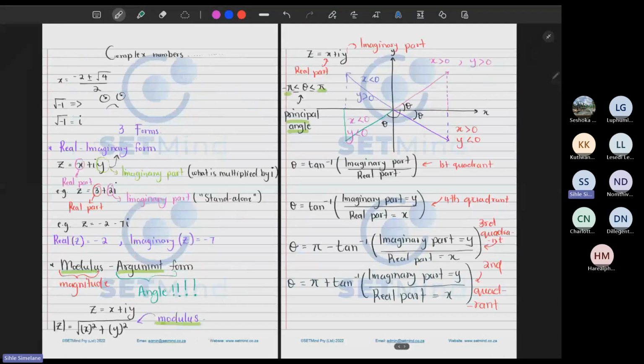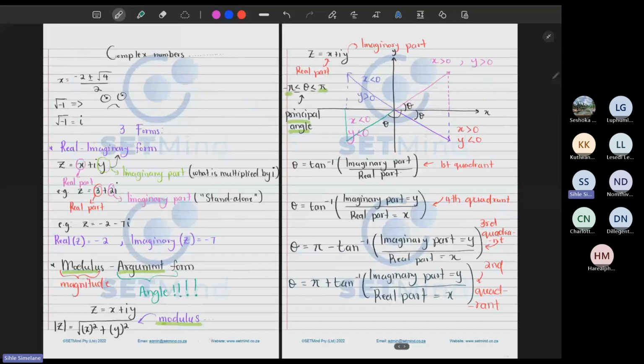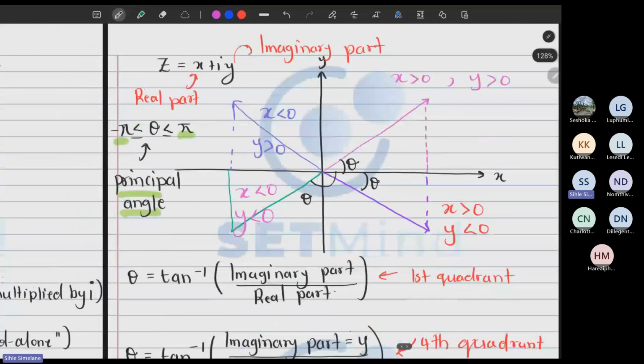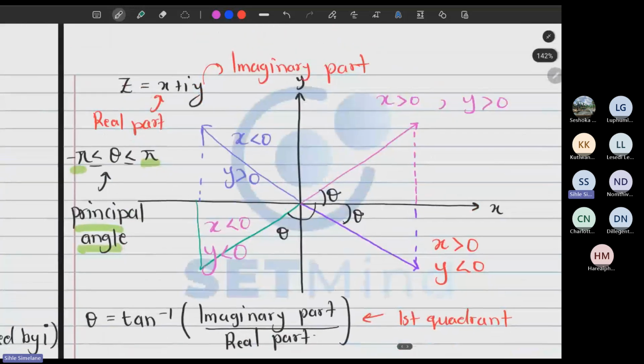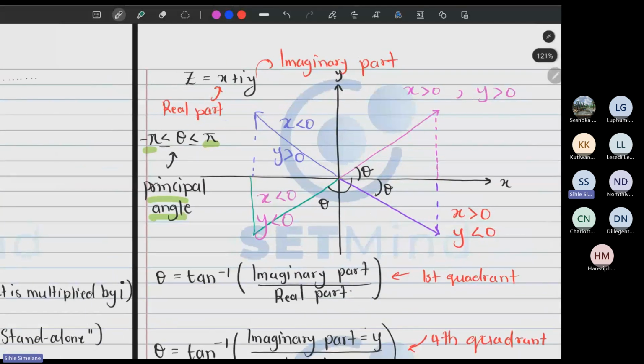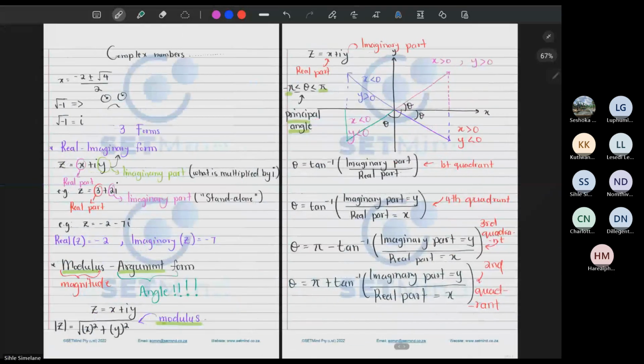So please, all in the meeting, make sure that this diagram here, which I have, you will sleep knowing how it looks, because it will make your life easy when you want to raise complex numbers to powers and do all sorts of things. It's very important that you are able to find the principal angle, which is the angle which is between pi and negative pi. How do you find it?